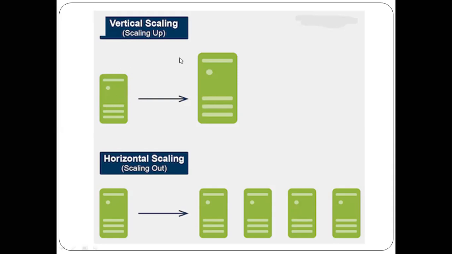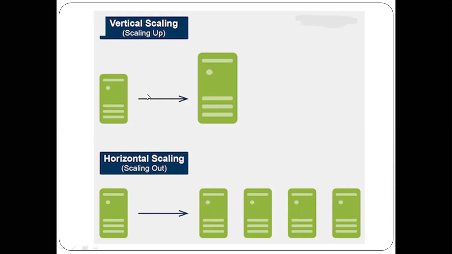This is one system with 32 GB RAM, and I'm completely changing it with a 128 GB RAM system. Another method is horizontal scaling. Here the concept is, instead of a single 32 GB RAM system, I'm using four such systems of 32 GB of RAM.